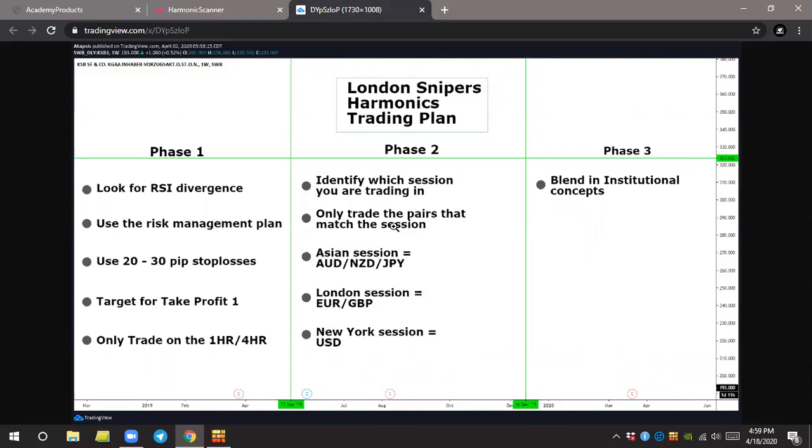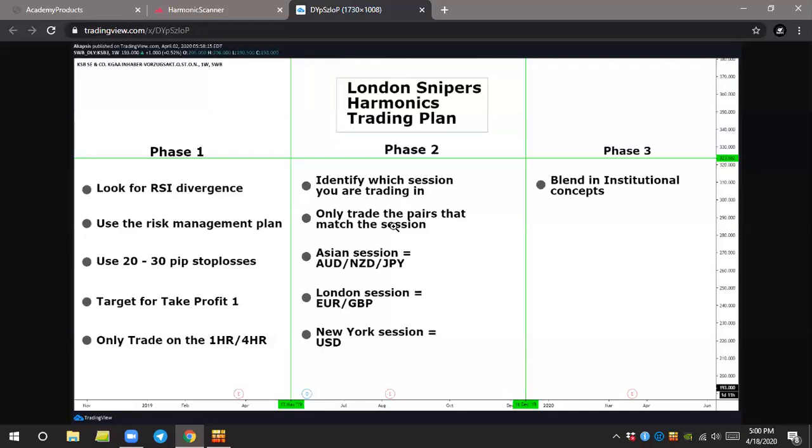So Asian session might be easier for them to trade. And then London session might be easier for somebody actually in London to be able to trade because they can wake up in the morning and trade London session in the morning, and they can also trade New York in the afternoon, right? So you have to be very aware of where you are in this world and what time zone you're in. And then you have to be aware of the time zones that these sessions start.